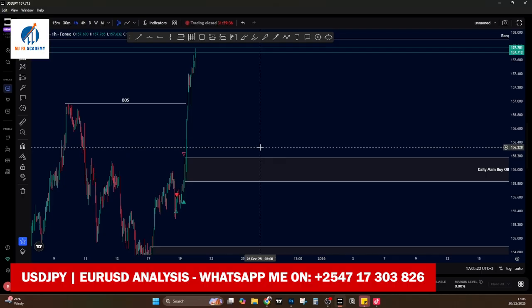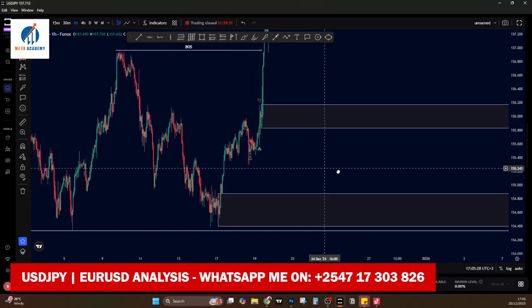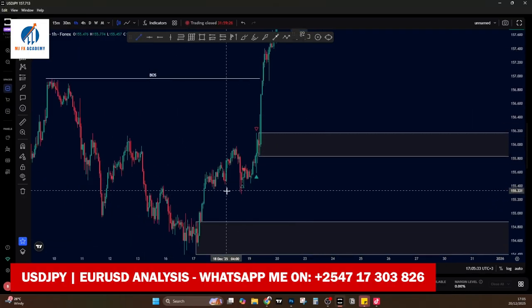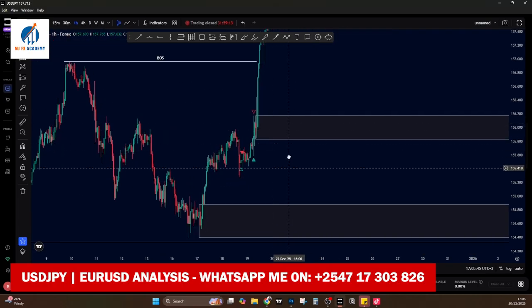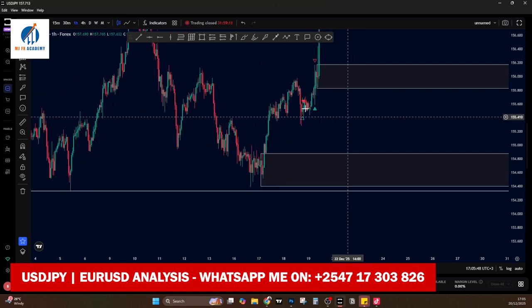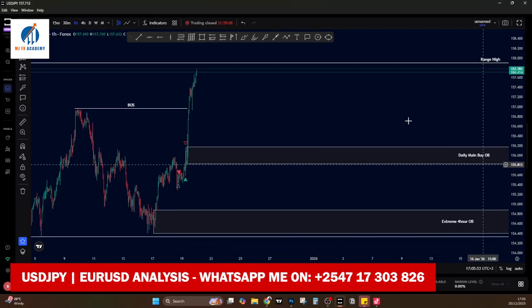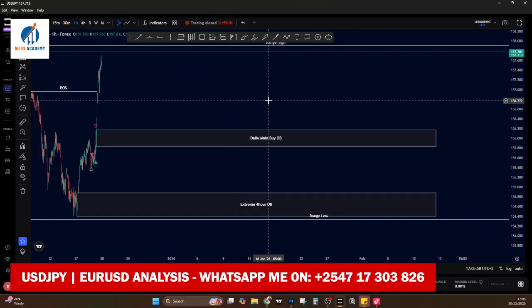And if the market comes down, you will be looking to fast buy from this area, because remember, this is also a very strong low, because it took out all that liquidity before breaking structure. But if the market decides to come down, you know that it will be coming down to this area, and so that becomes my bias for USDJPY.